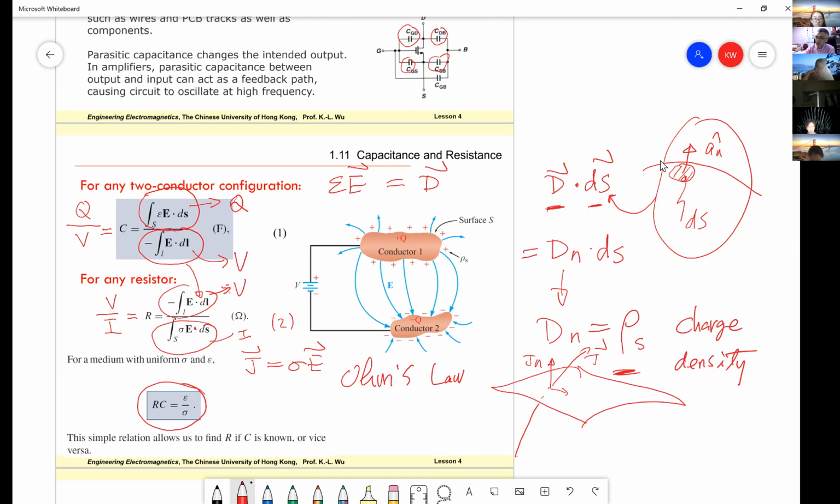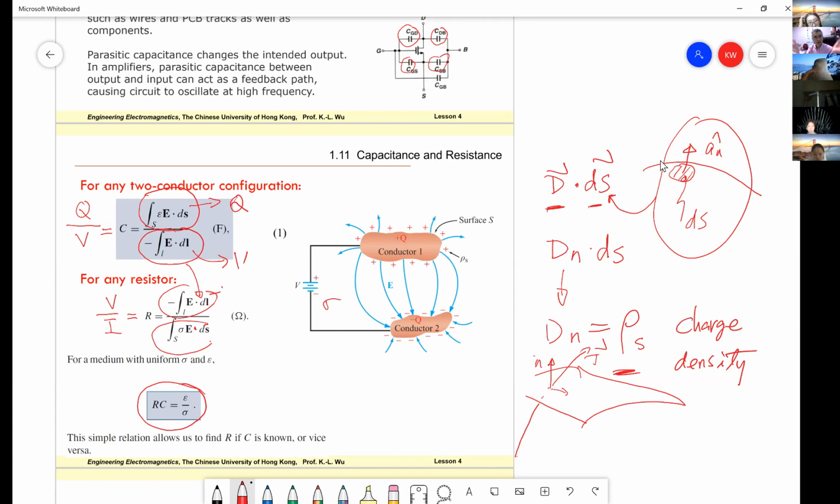In other words, I changed the question for you. I have two conductors, and I have a medium between them, but this medium is a lossy medium. Why is it lossy? Because there is moisture, water. Water has conductivity. Moisture has a certain density of water.